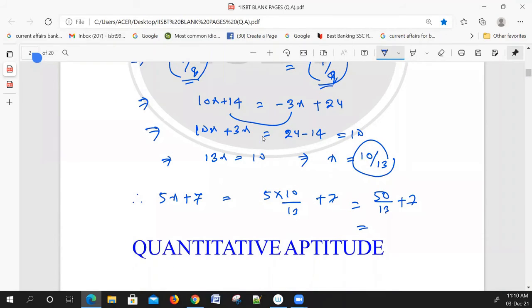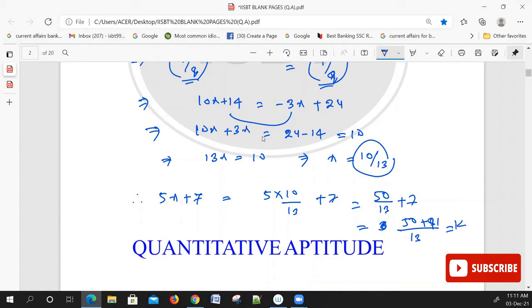We can write it as 7 whole. LCM is 13. Then 50 plus 91. How much? 141 by 13.